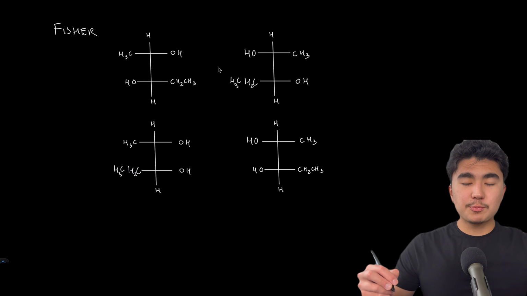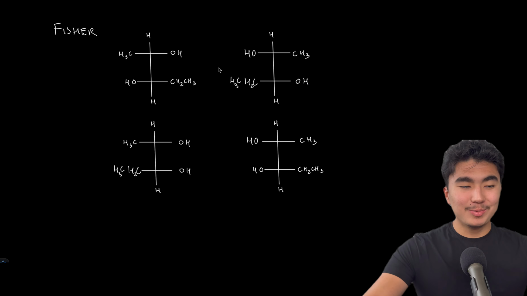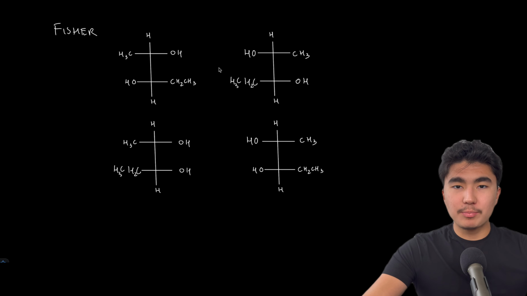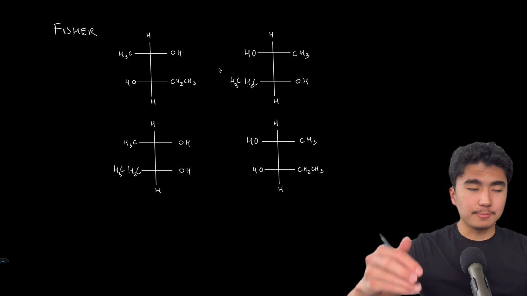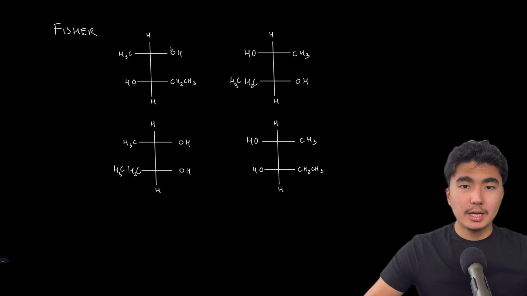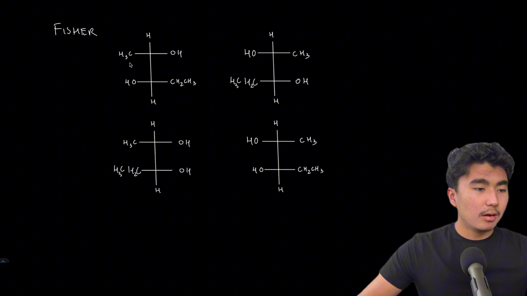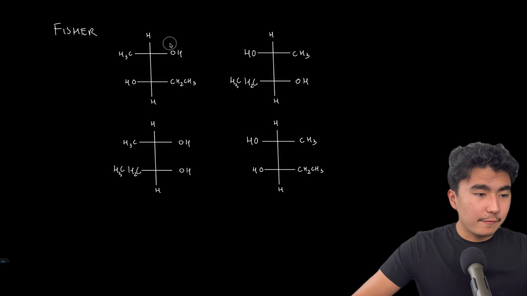So highest priority substituents are going to follow this rule. I forgot the specific name, but it is whichever one is bonded to the highest weight or highest atomic number atom. So this carbon right here is bonded to an oxygen. This oxygen has a higher atomic number, higher weight than our carbon. So this is going to have the first priority.